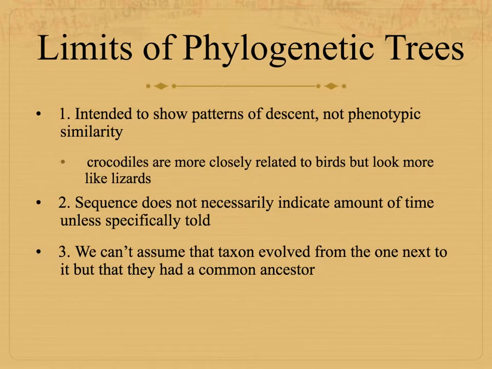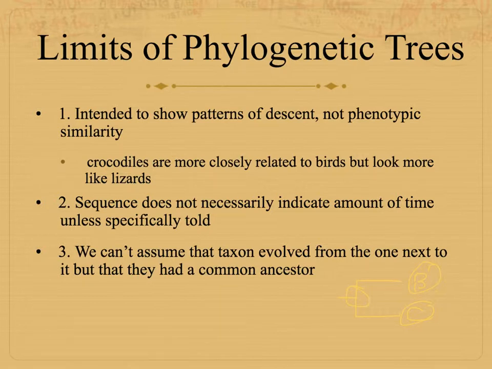Okay, so there are some limits to phylogenetic trees that we should discuss. One thing is that we can't assume that one taxon evolved from the next one. So we have our little branching diagram here with the sister taxa. We can't say that B evolved from C or C evolved from B, but we can say that they did have a common ancestor at some point in time.